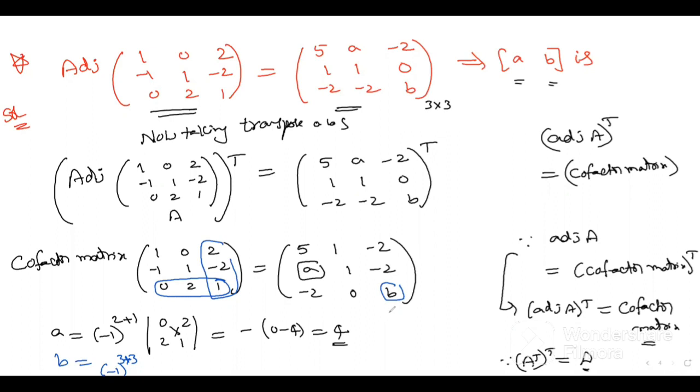The b cofactor element is found after deleting the third row, third column. Minus 1 power 3 plus 3 means third row, third column. After deleting the third row, third column, what do we get here? 1, 0, minus 1, 1. Minus 1 power even number is plus. ad minus bc is 1. So what are the answers? a value 4, b value 1. The answer is 4, 1.